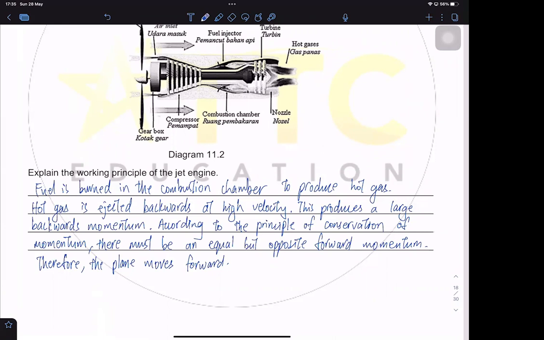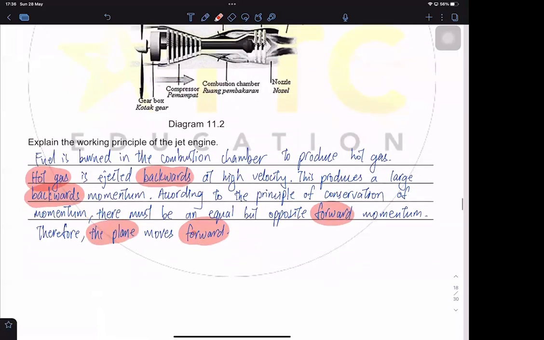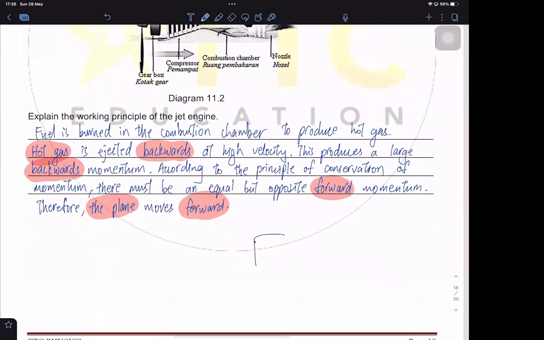Okay, so this template you can use for any example. You just need to change the objects only. You change the objects here, change the direction, change this direction as well, and then change this direction, and then change the object, change the direction, like that. So for example, if they ask you to explain when the bullet shoots out from the gun, why does the gun go backwards?